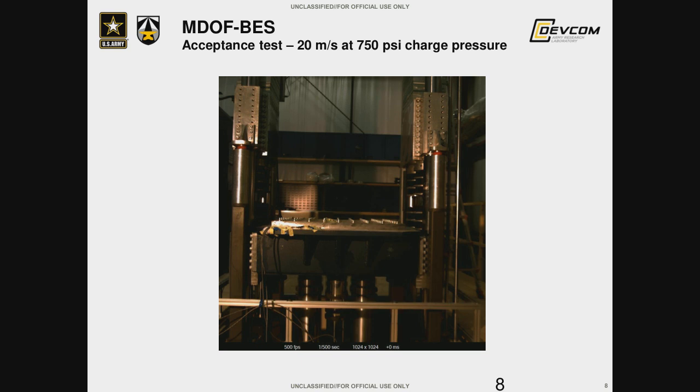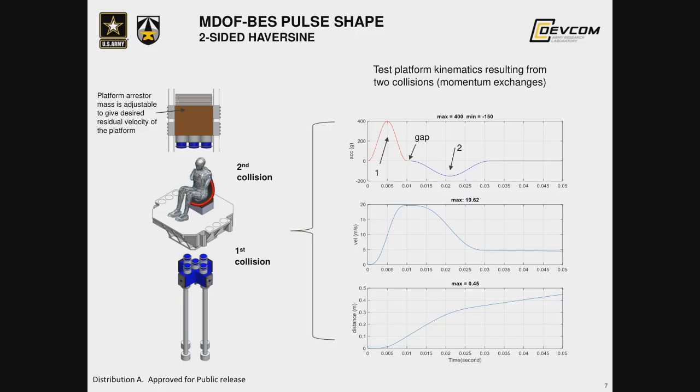On top of the test platform is a 600-pound ballast mass to represent the maximum payload on the test platform. And we were able to achieve 20 meters per second at a duration of, I believe that was shown in the prior slide, sorry, 10 milliseconds in this case.